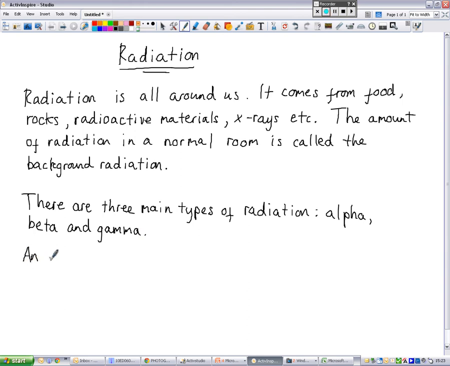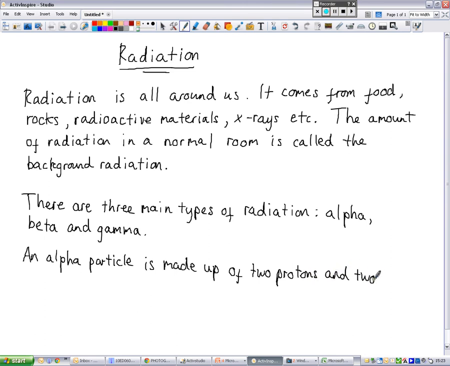An alpha particle is made up of 2 protons and 2 neutrons, which we know, if you do chemistry, is a helium nucleus.